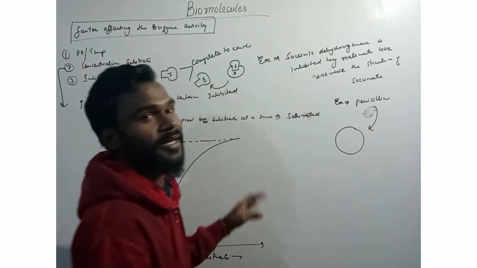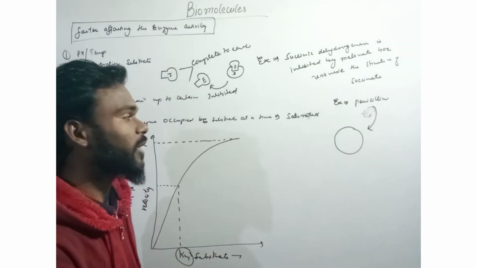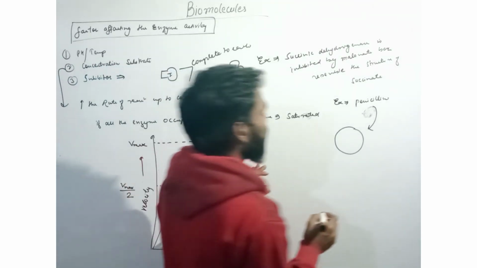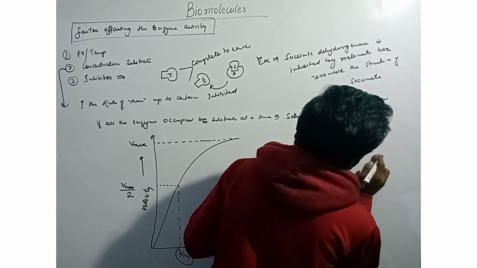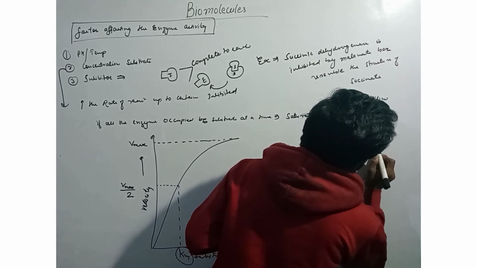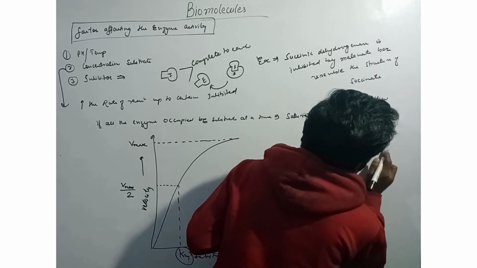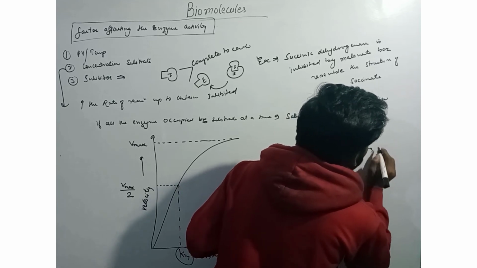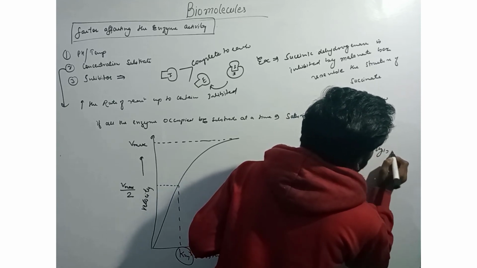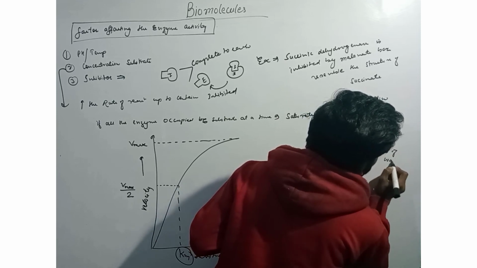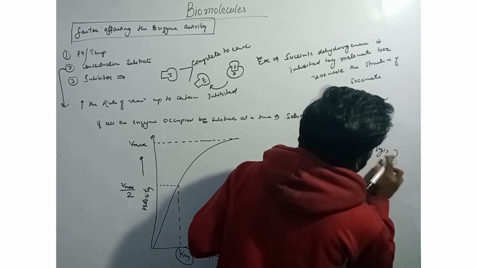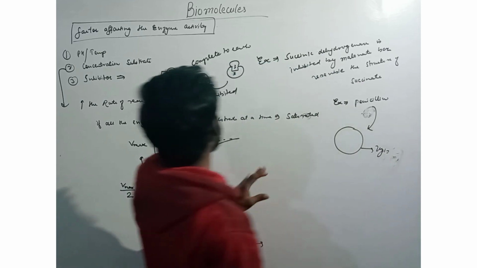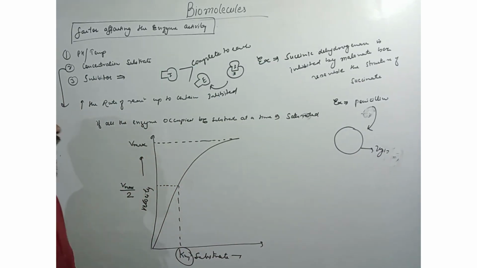But the content of the cytoplasm increases with respect to time, and after some time it will lyse the cell wall. That is called lysis of the wall. Okay, this is how the enzyme works.